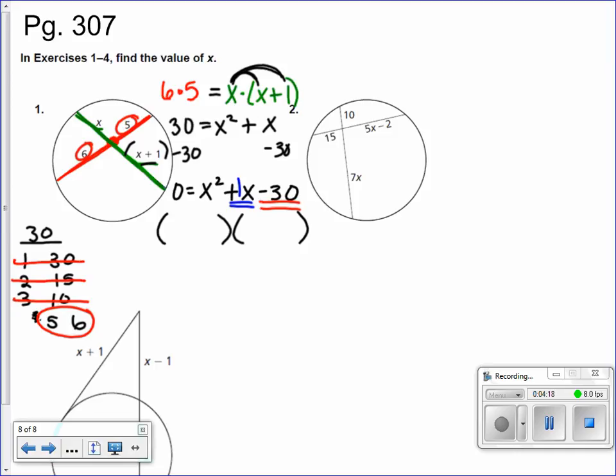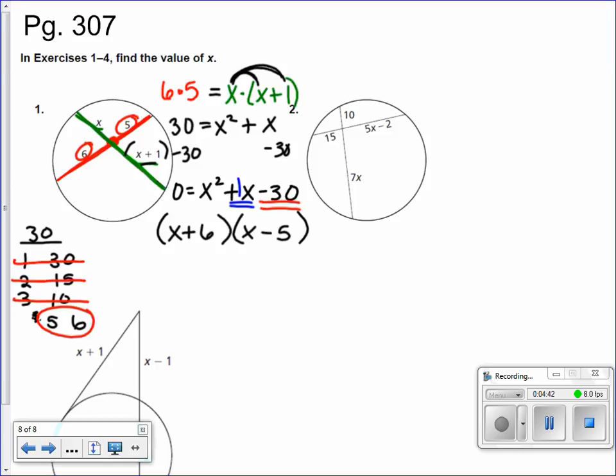Yes. If which number is negative? Hopefully you're thinking the 5 needs to be negative. So we'll have factors here of x plus 6 and x minus 5. Because then 6 times negative 5 will give you negative 30. 6x minus 5x will give you 1x.